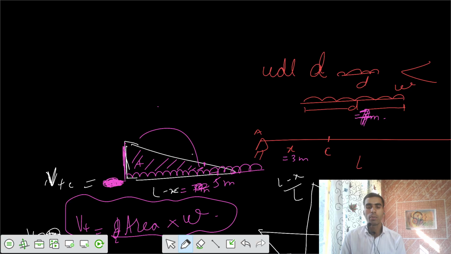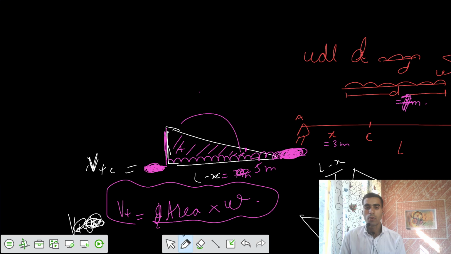So you keep it on the positive side only. The rest of that part is outside the beam, so you can ignore it, it would contribute 0. Best is to keep that value 0 rather than keeping it negative.